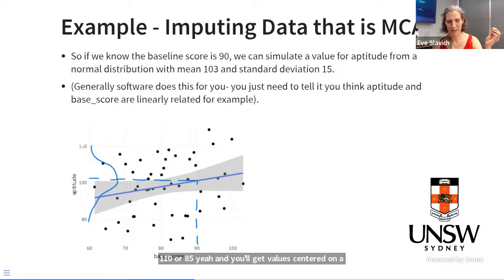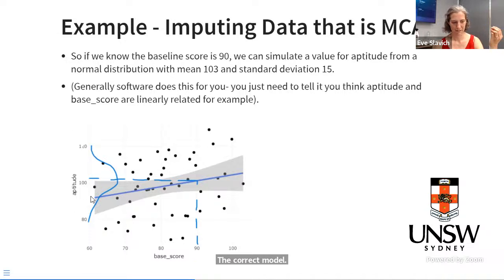So the software is going to do this for you when the time comes for doing this kind of analysis. You'll just need to think about the correct model for imputing aptitude, so imputing your missing values.